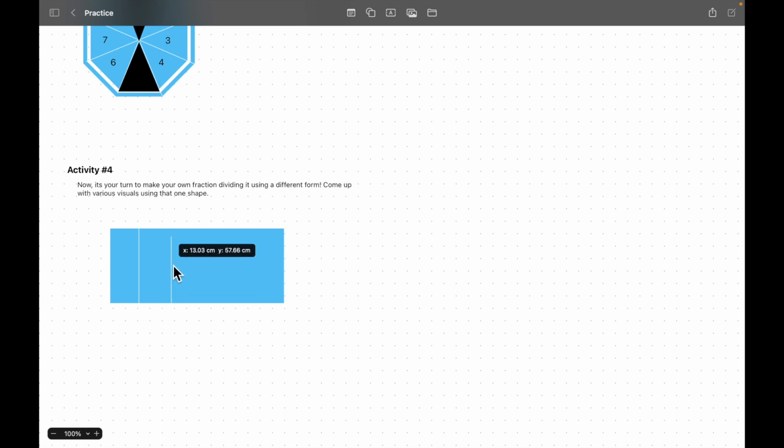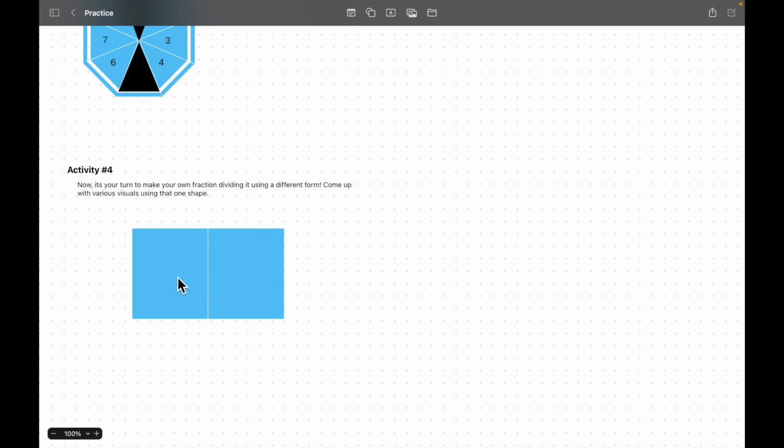Perfect. This time we're just going to stay with 2 parts, because it might get complicated. So we're going to divide this rectangle into 2 parts. See, we divided it into 2 equal parts.